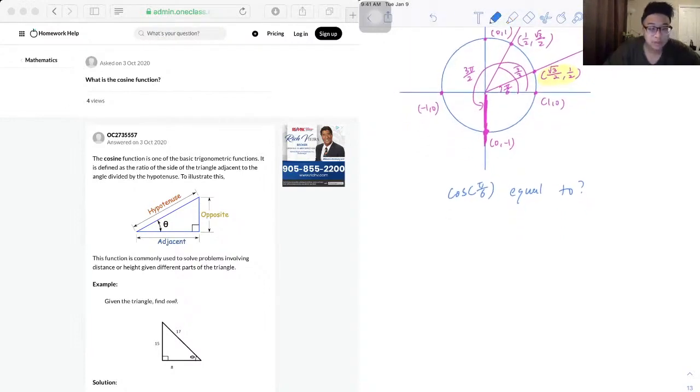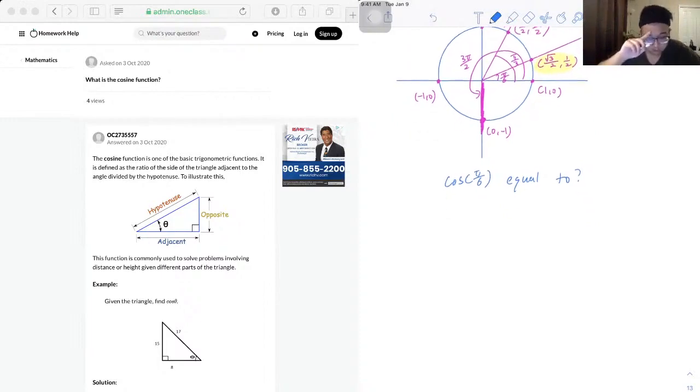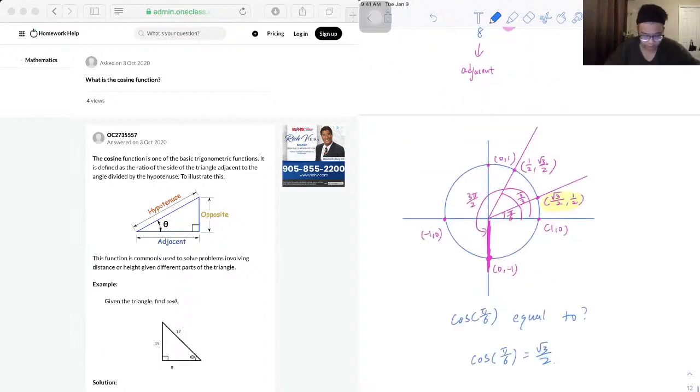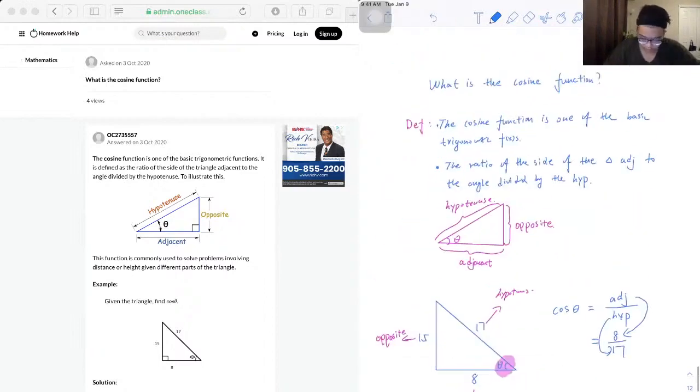So the cosine function takes the value of the x coordinate, which is cosine pi over 6 is equal to root 3 over 2. All right, I think that's all we got for this question.